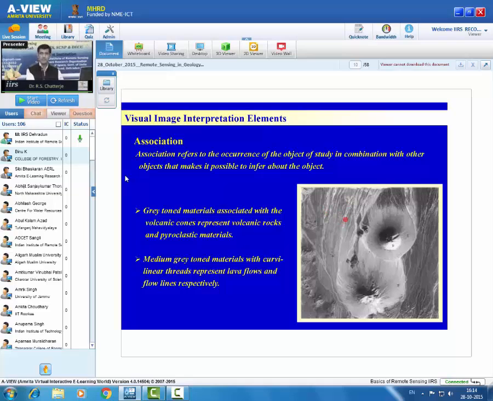So it is very easy for us to interpret, and what is helping us is the association of these features with these very characteristic features. Based on this association, we can interpret the rock types and features very easily.